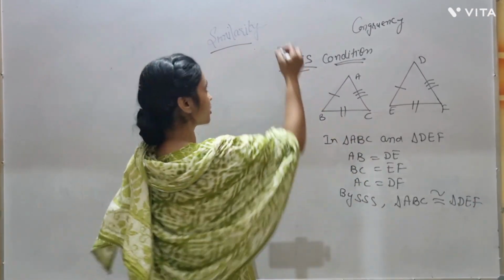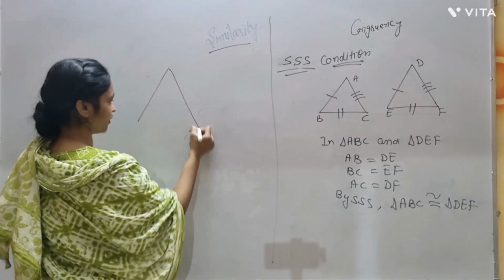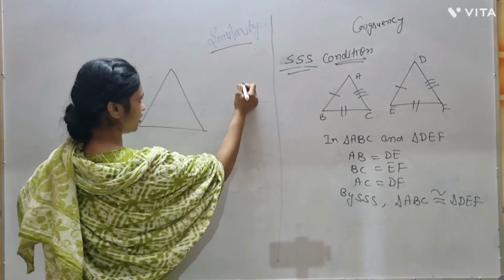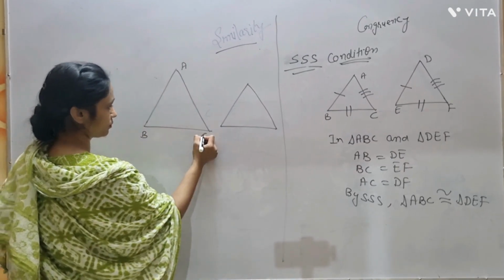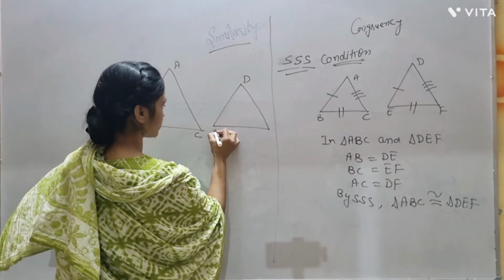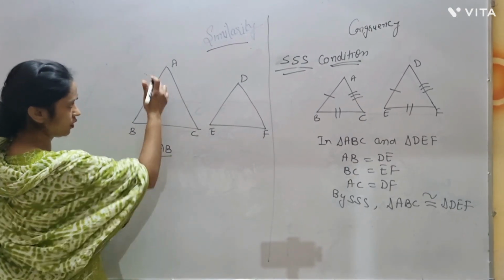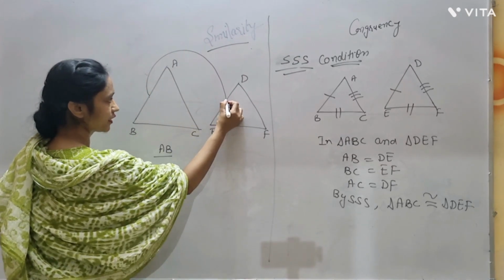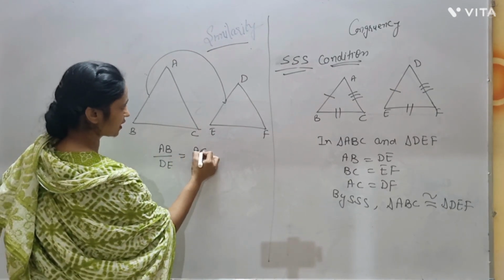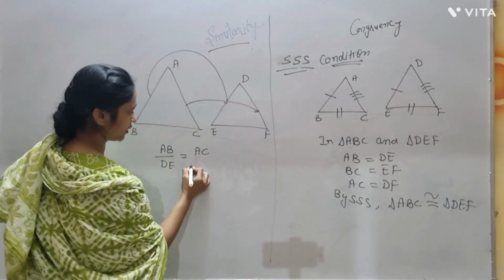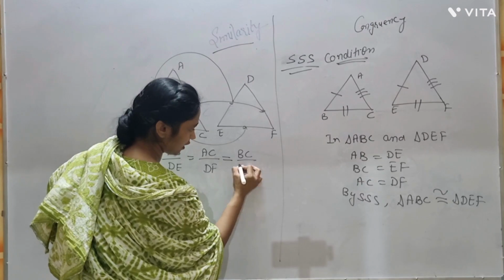Now, how to use this condition under similarity? Two triangles will be similar to each other if their corresponding sides are in proportion. That means AB upon its corresponding side DE is equal to AC upon DF, is equal to BC upon EF.